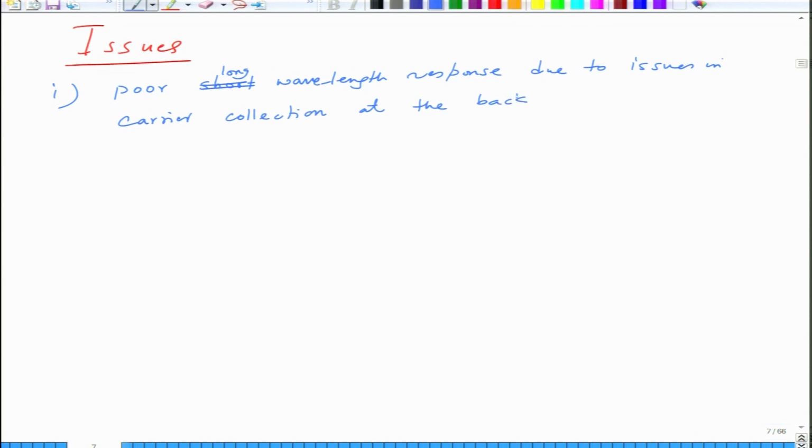So, on the moly side, the carrier collection is poor, and this can be improved by grain boundary passivation. So, adopting appropriate heat treatment strategies by annealing.